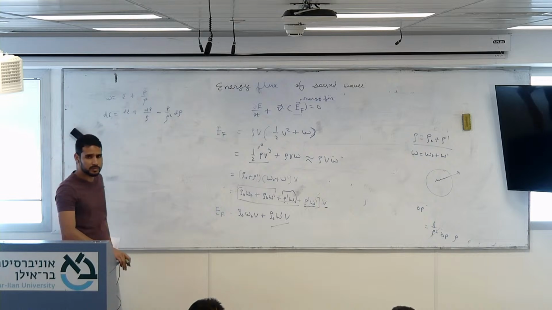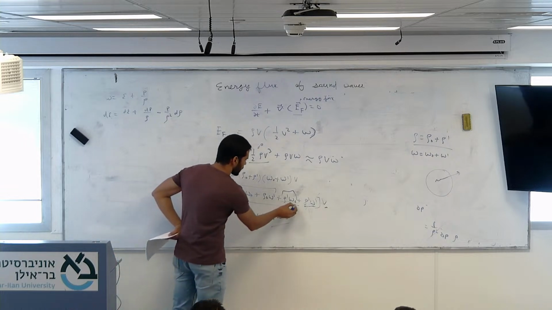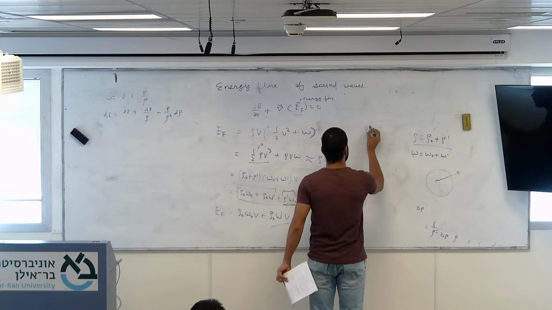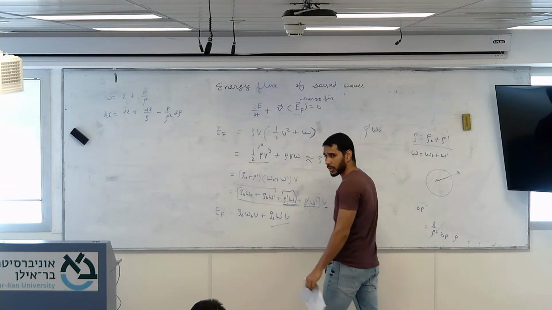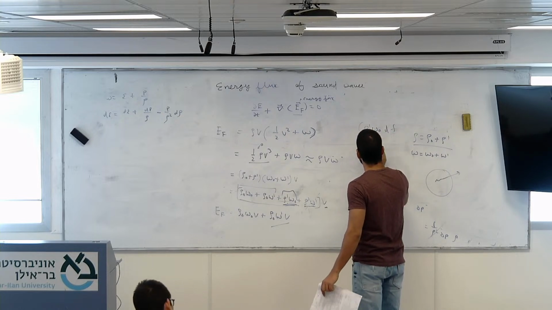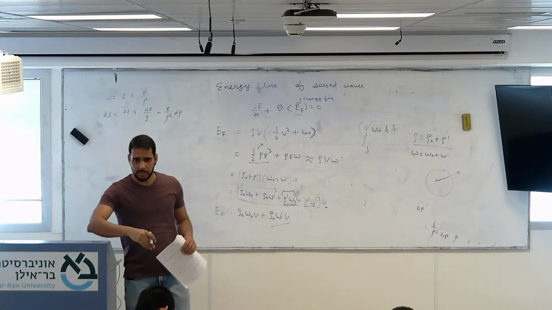Going back again, why did we neglect the third term, rho prime omega 0? Okay. So if you take this term, rho prime omega 0, and integrate it over the surface of the volume. Okay. Now what is rho prime?